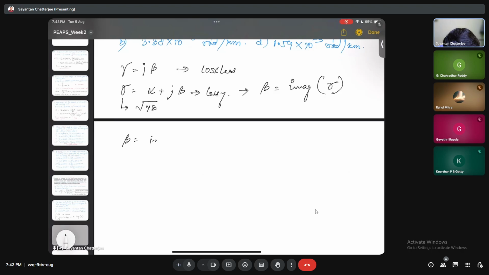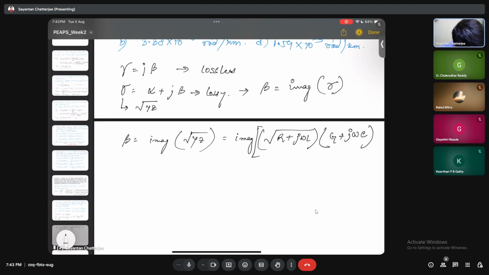Beta is equal to the imaginary part of root under yz, where z means r plus j omega l, and y means g plus j omega c. So this is the ultimate.